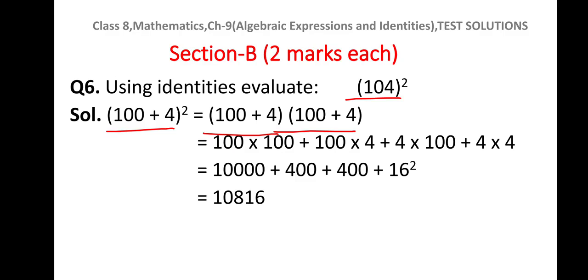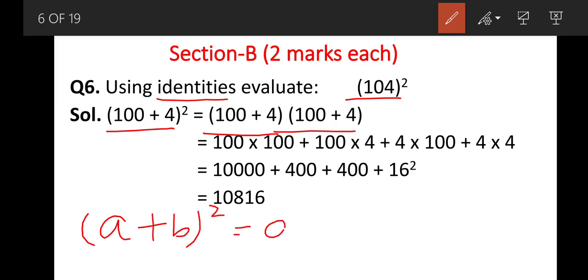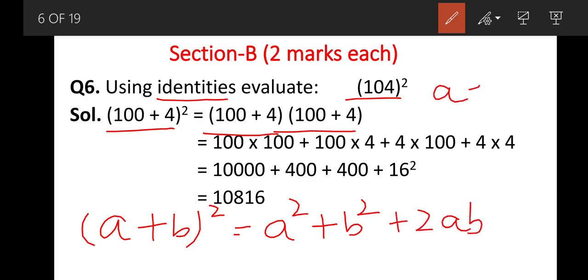Dear children, in this case, I have used the distributive law, but as I need to use the identities, what I will be doing, I know that a plus b square is equal to a square plus b square plus 2ab. This is a plus b whole square.